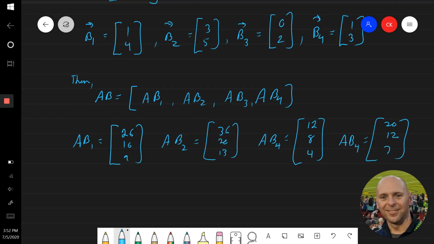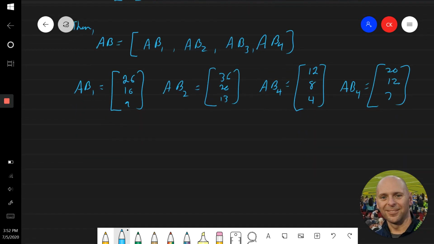And then you just throw all of those things into a matrix. So AB is going to be 26, 16, and 9 going down, 36, 20, and 13, 12, 8, and 4, and then lastly, 20, 12, and 7.